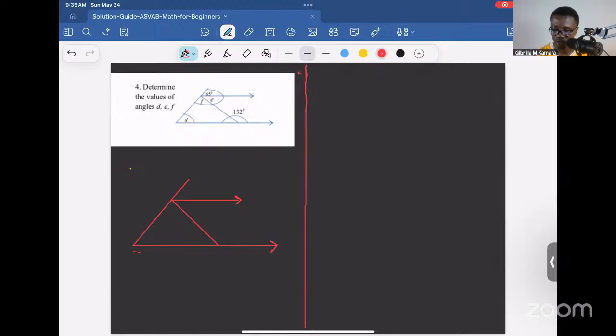Then the angles, this is 132. This is D. This is F. This is E. And this is 65.